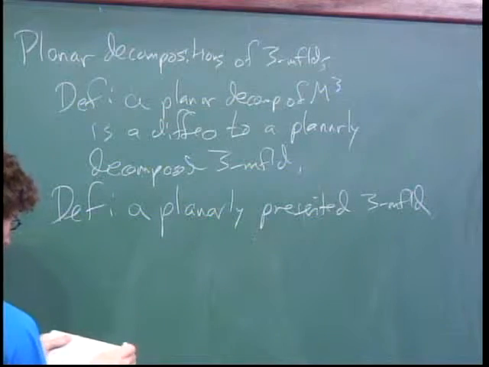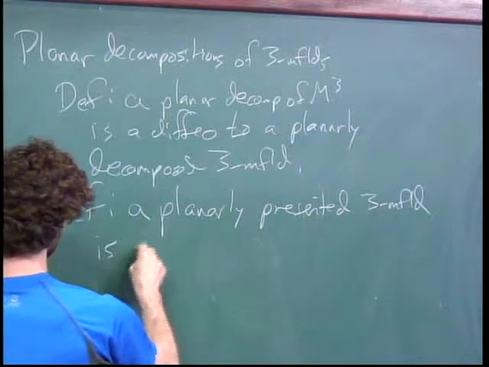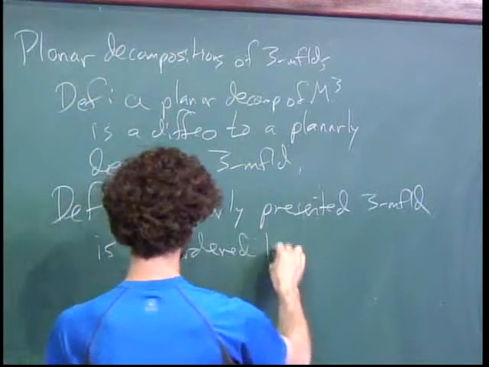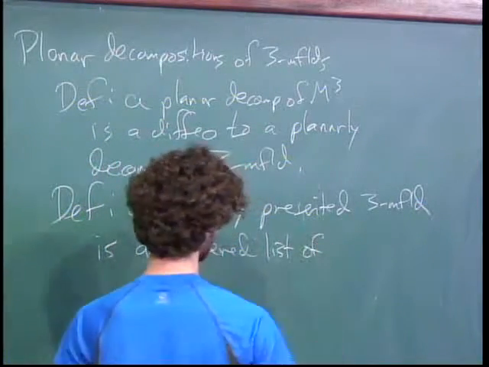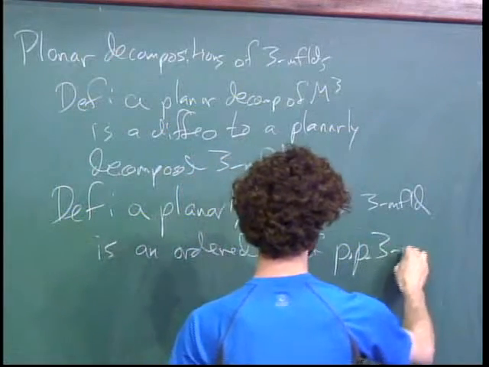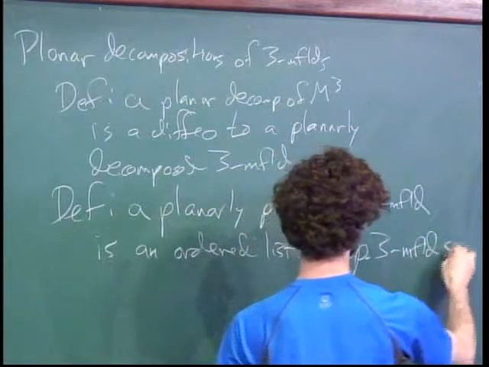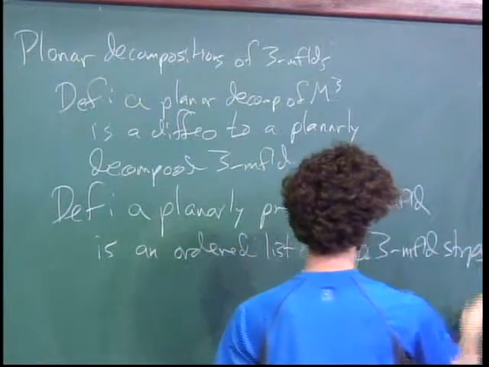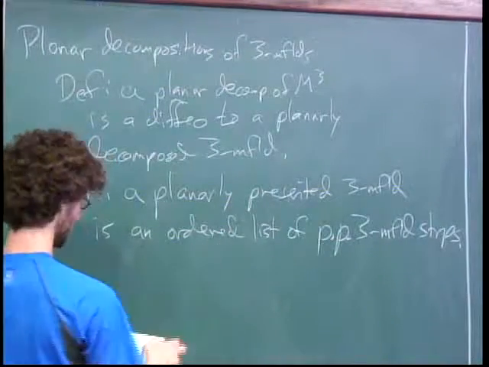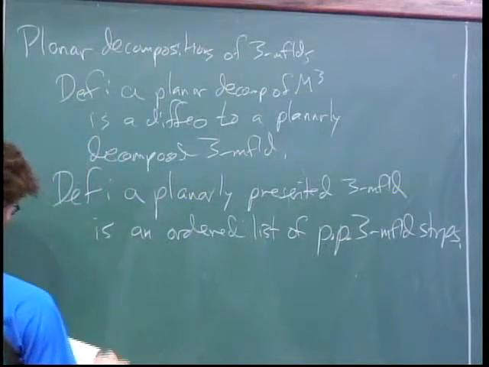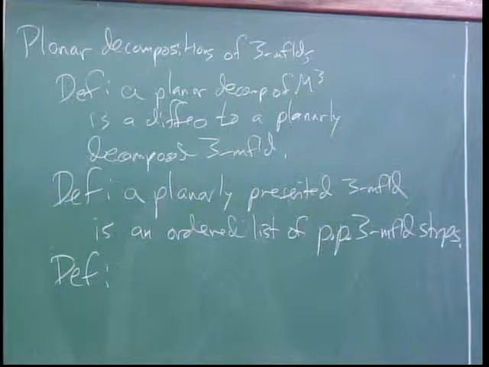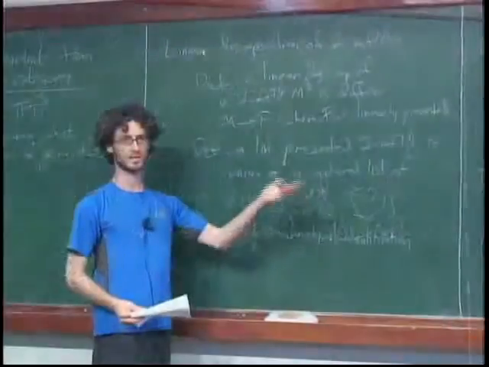I just want to give you a sense of what's going on. So it is an ordered list of, let me call them, planarly presented three-manifold strips. And then I need to tell you what a planarly presented three-manifold strip is. And I'm going to do that in the same way I did here, essentially by just giving you a list of them.